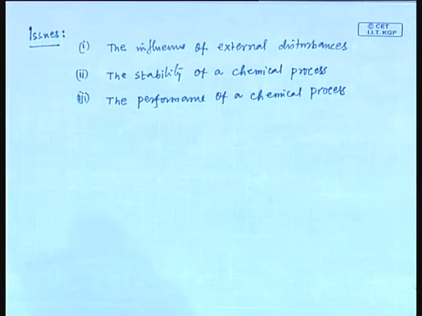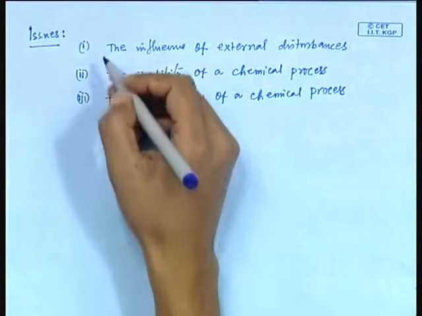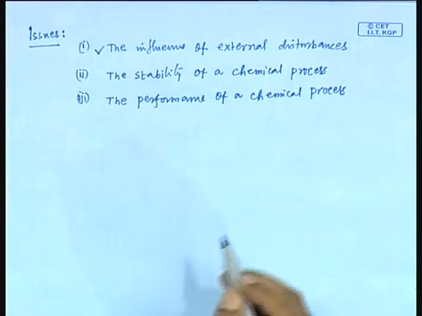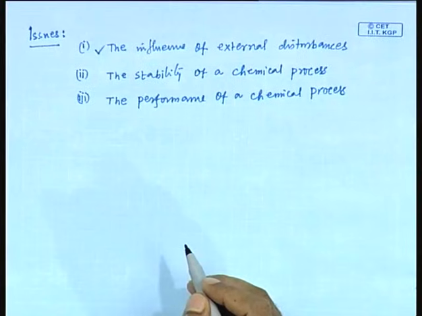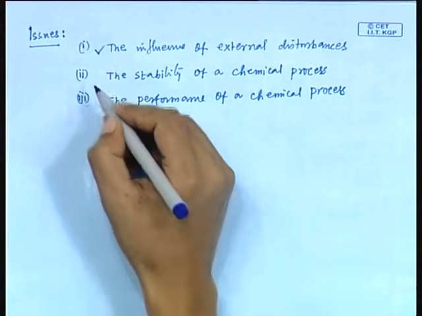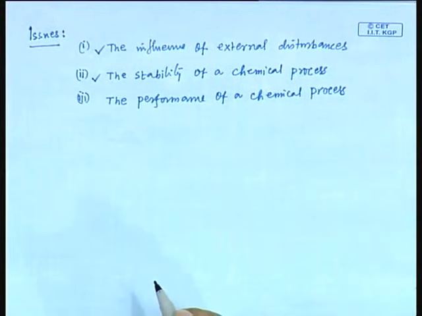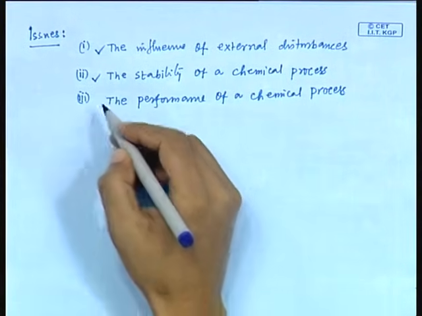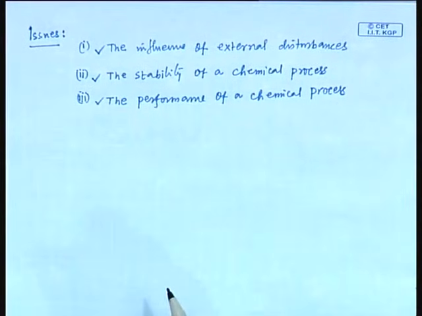Now the basic aim of a controller is to suppress the influence of external disturbances. Second one is to ensure the stability of a chemical process, and third one is to optimize the performance of a chemical process. Fine.